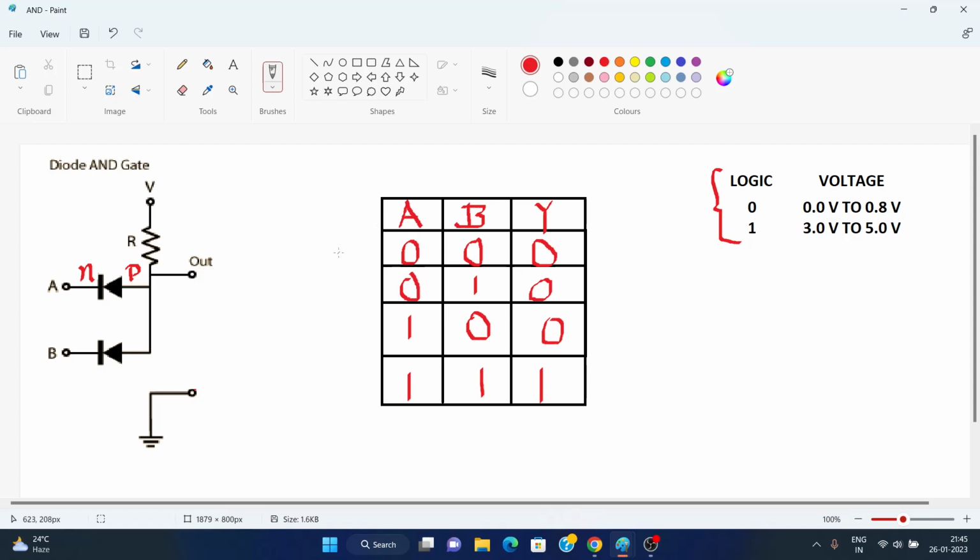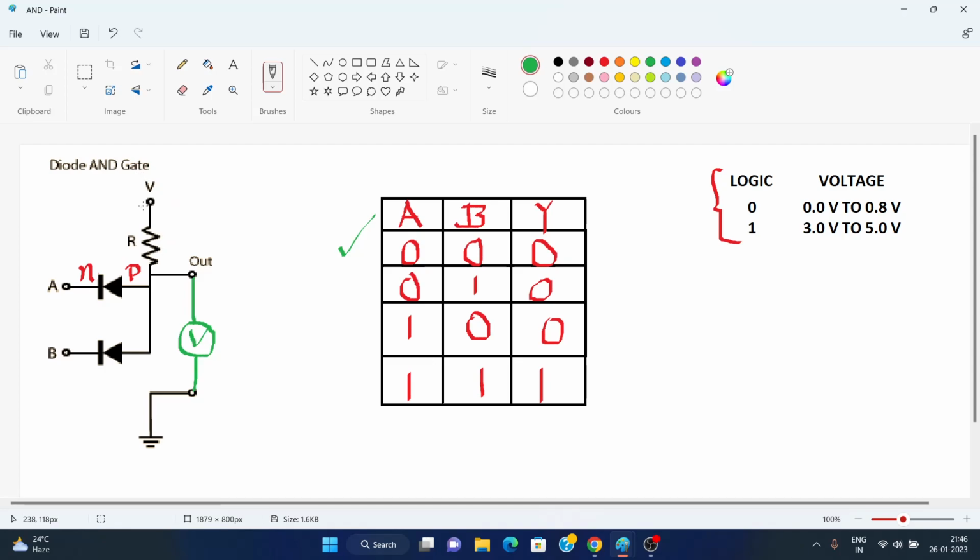And when A and B both are 0, what will happen then? Okay, now here is the output. This voltmeter will measure the voltage drop across these two diodes. Remember that this voltmeter will measure the voltage drop across these two diodes and not across this resistor.